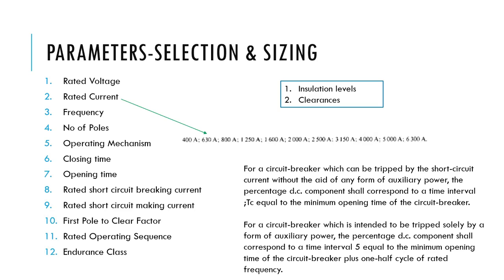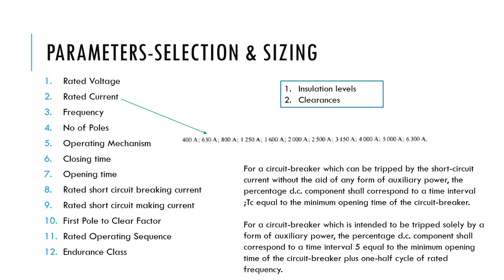Rated short circuit making current. So what is the making current? There might be a chance that the breaker can be closed on the fault. We don't know. So at that instance also, the breaker should not be damaged. It has to make the circuit. So generally we consider 2.5 times the breaking current.